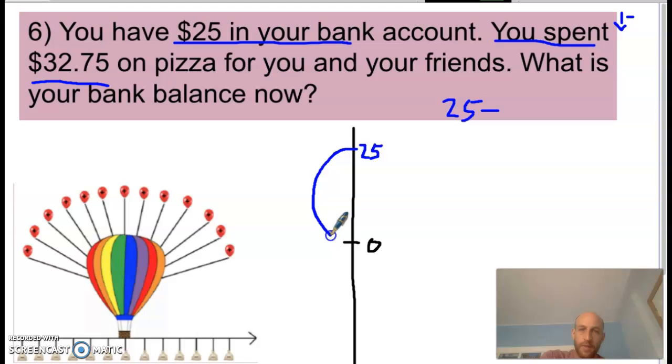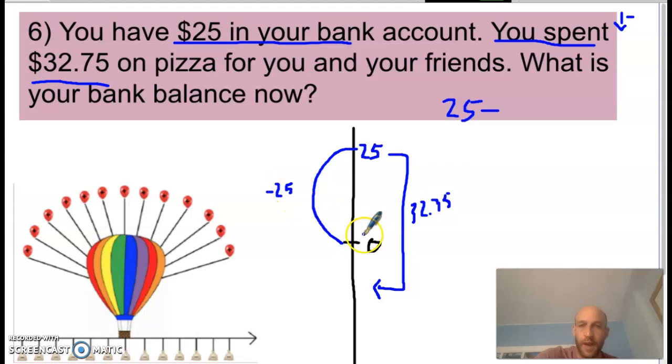If I go down 25, I end up at 0. I need to know, where do I end up if I go down 32.75? Because that is how much I spent on the pizza. So if I spend 25, it's here, how much more? And that's the same as the last problem. We're going to subtract those to find the difference to figure out how much more did I spend than 25.